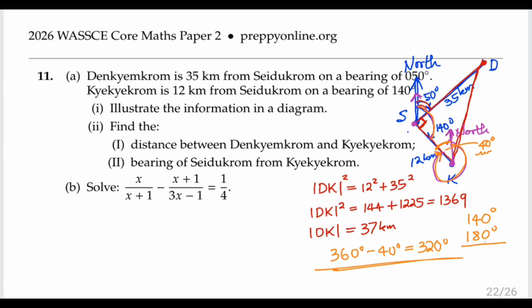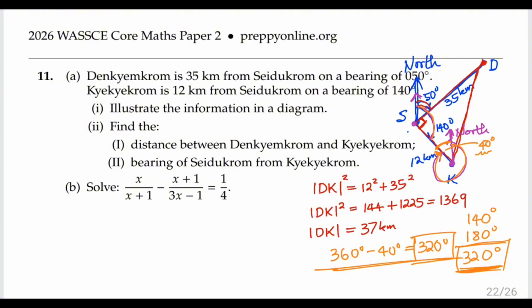So 140 plus 180, what does that give us? It gives us 320. So the same 320 we got using the reasoning is what we get by using the formula.